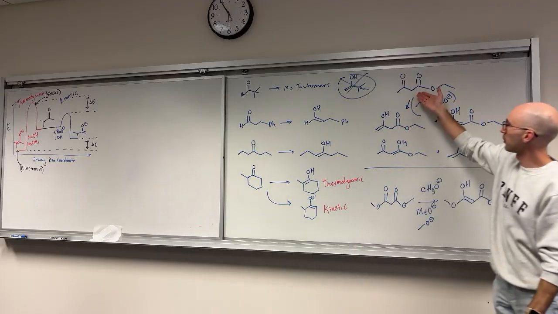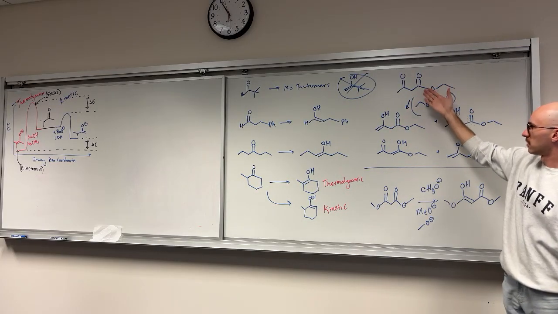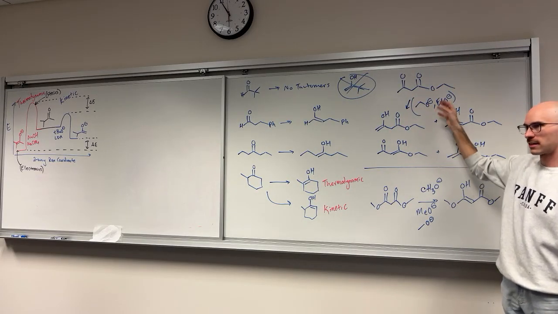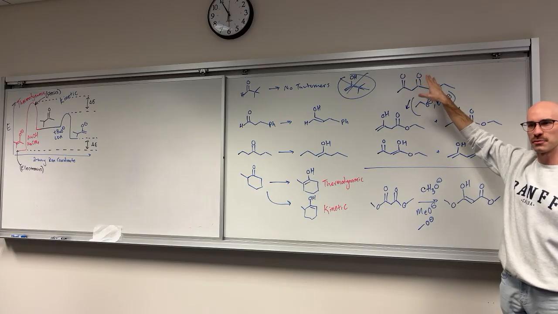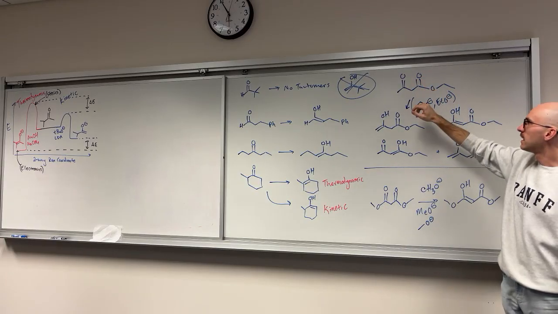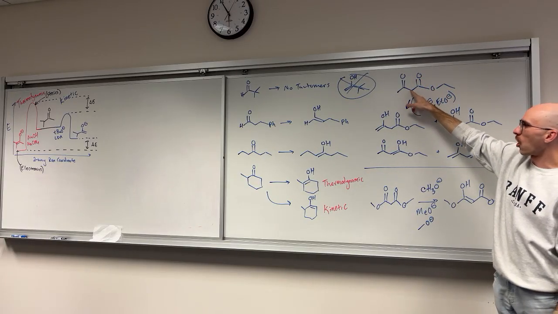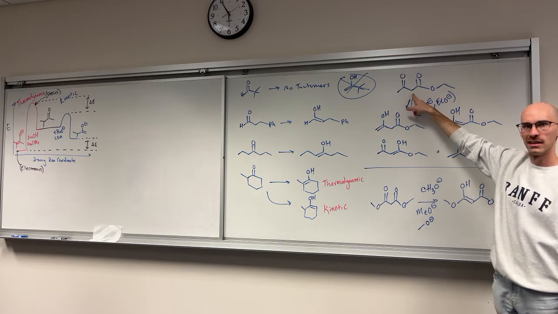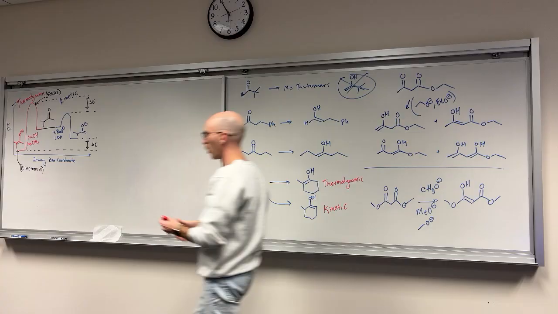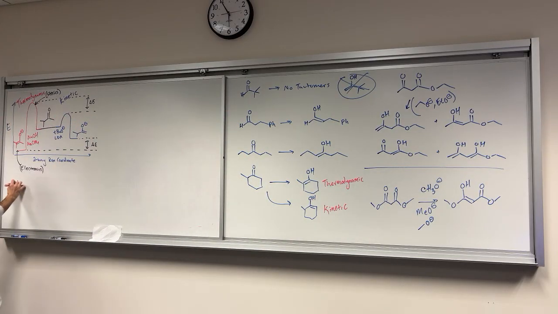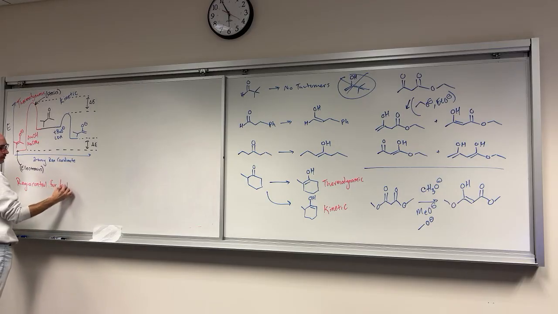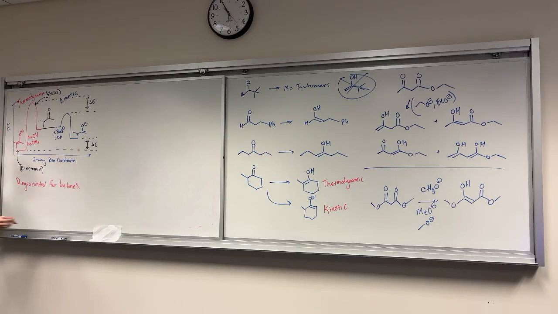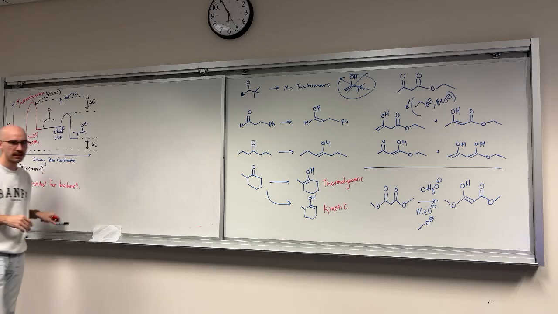Esters, I guess the only esters I gave you were kind of these interesting cases where it's a beta keto ester. But esters also, just like aldehydes, only have one alpha hydrogen position. So I don't need regio control. This is all regio control for ketones. Aldehydes and esters don't need it.